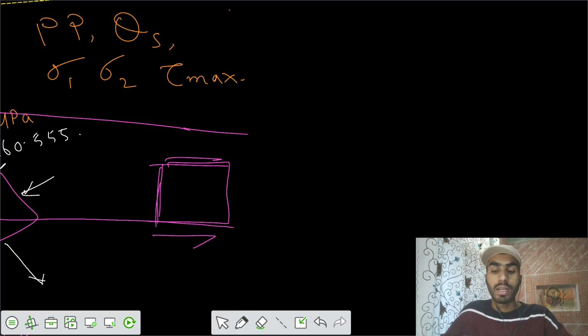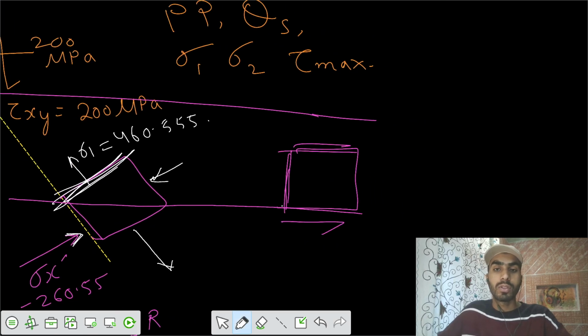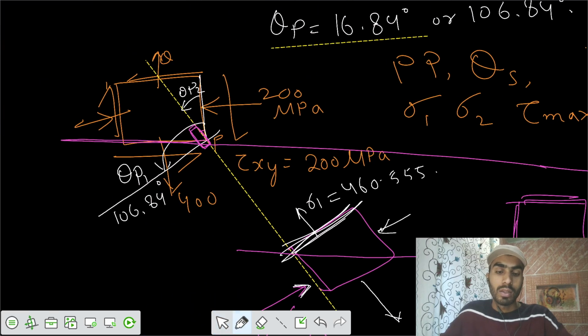So let's calculate. Now we want to cross check that theta shear would be equal to theta p2 plus 45 degrees. We have two shear planes, tau max planes.